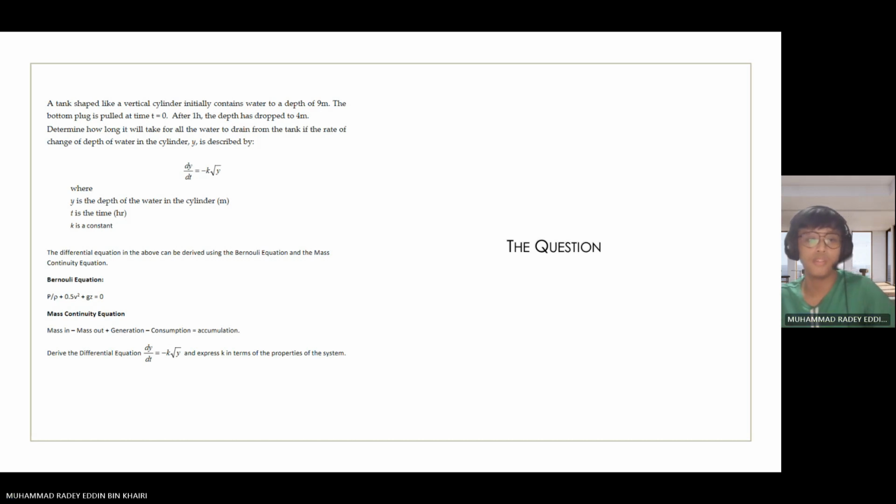And the mass continuity equation is mass in minus mass out plus generation minus consumption equals accumulation. So the question is, derive the differential equation of dy/dt equals negative k square root y and express k in terms of properties of the system.